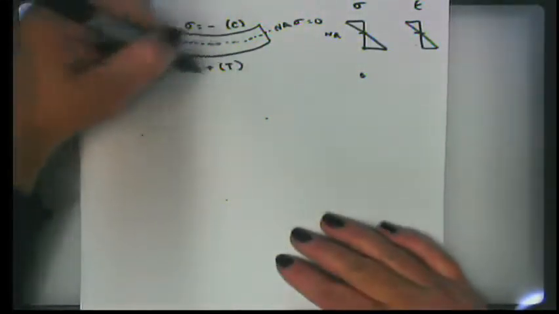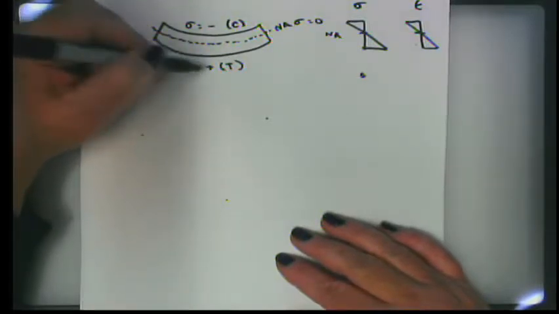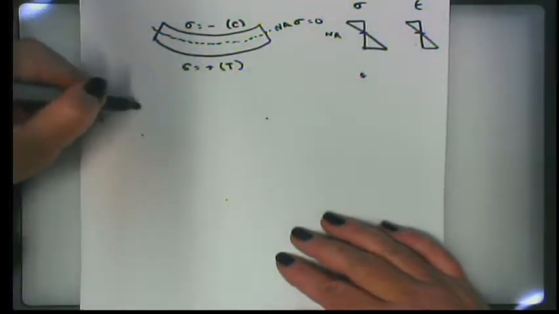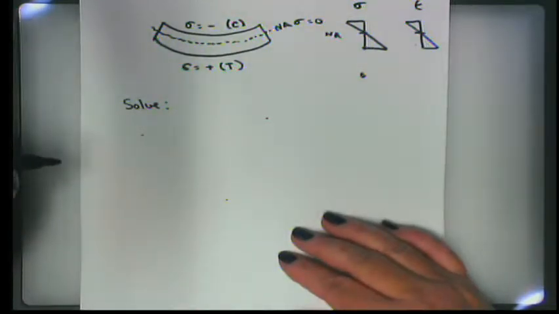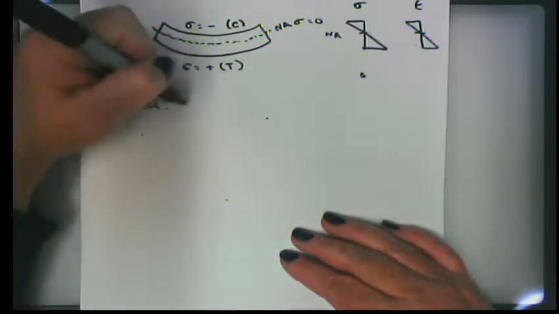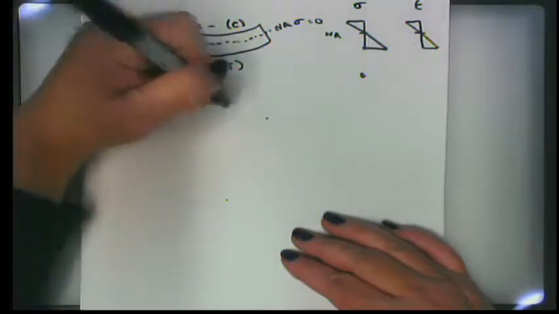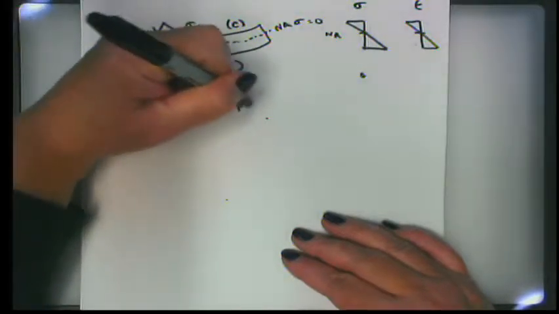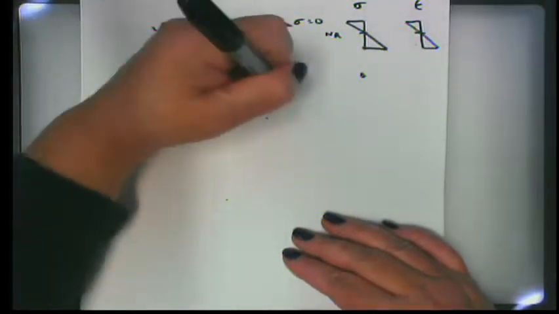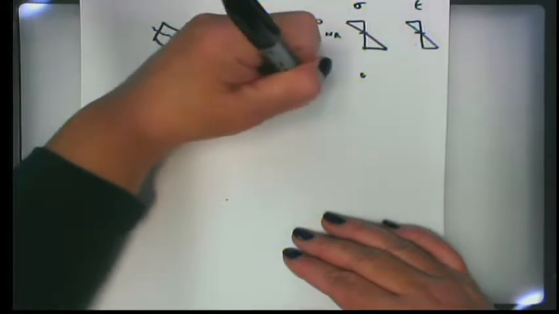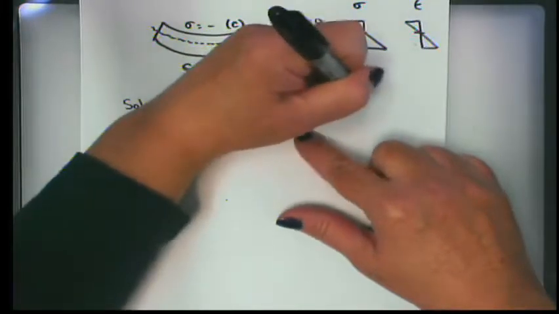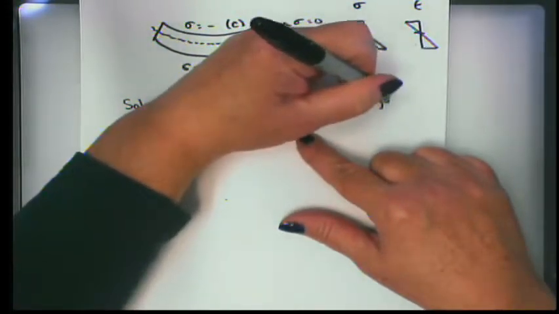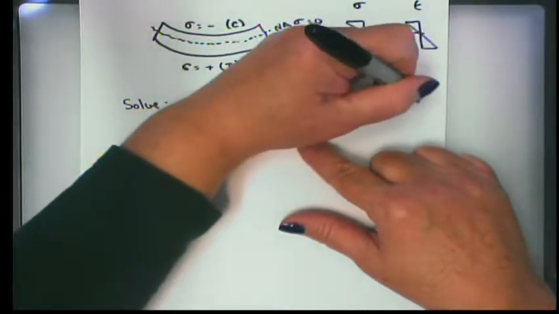So the way that we solve this problem, that concrete will not accept tension, is we implant, for lack of a better word, rebar or reinforced bars of steel, which is very good in tension, very strong in tension.